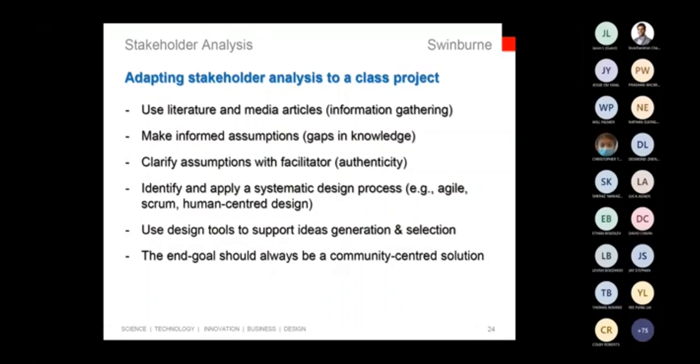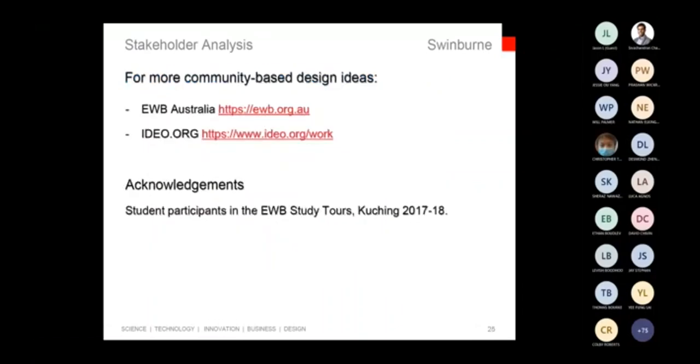All right. So I think this is where we will end the presentations. If you are interested in any type of community-based design ideas, you can go to the EWB Australia website. They have a lot of case studies on different work they've done before, but I think IDEO.org has a lot more because they work across all parts of the world: South America, Africa, Asia, even some projects in Europe.